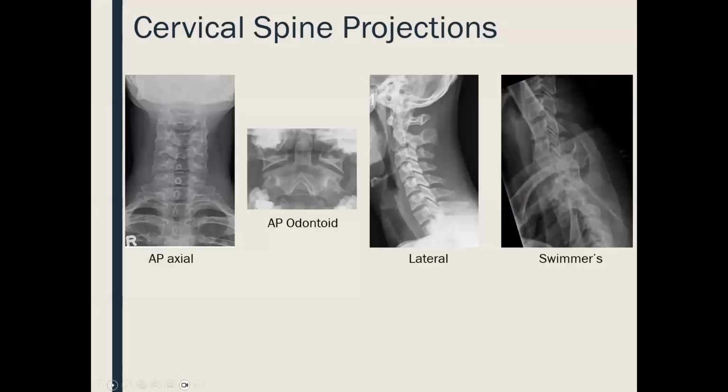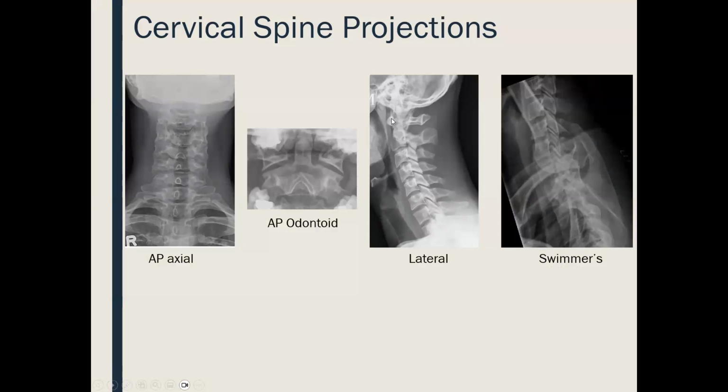All right, and here are the other projections, the AP projection. The other thing that you should know when being tested is just by looking at the radiographs, you should be able to tell what projection it is. So the first one on your left is going to be the AP axial, the odontoid, and that is an absolutely beautiful odontoid.